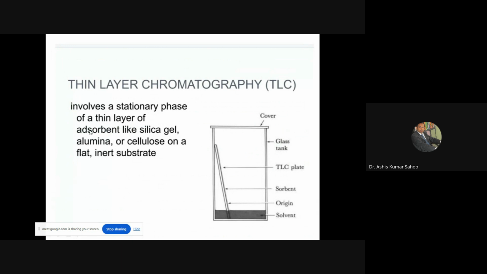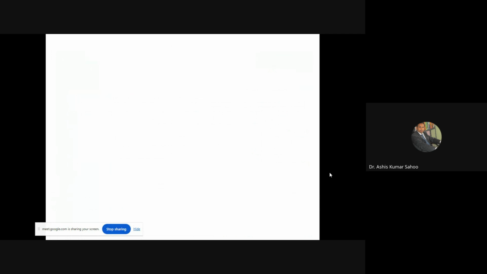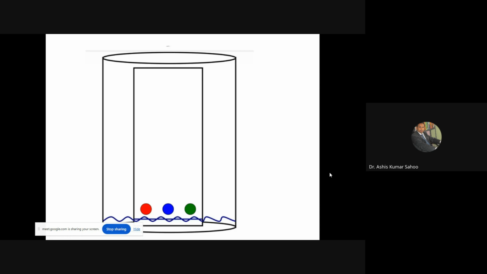So we have a stationary phase of thin layer adsorbent here. We can give different spots here. Aqueous solvent will flow and that will capillarize. We will get different components.